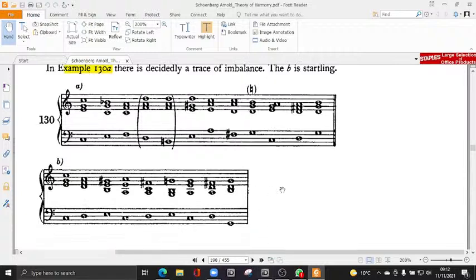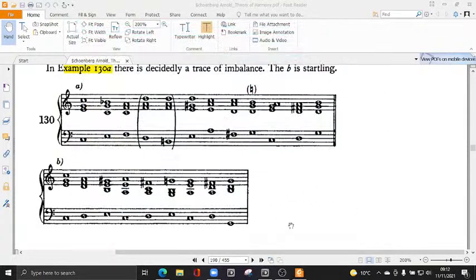Also, remember that these examples are going to be used as modulations. So it's not just the modulation itself, but using non-diatonic chords in a modulation process. More or less clear?